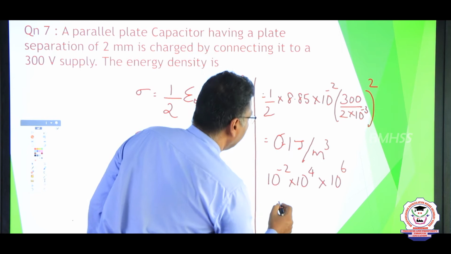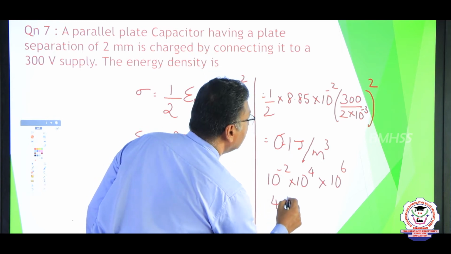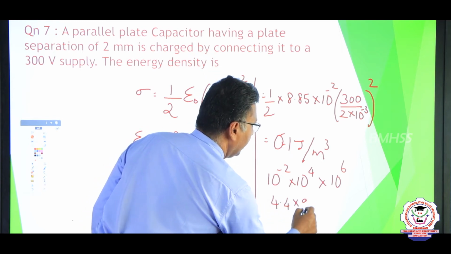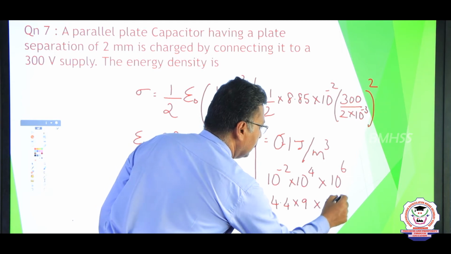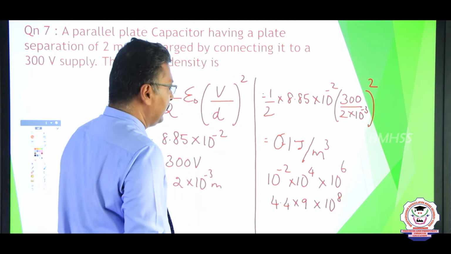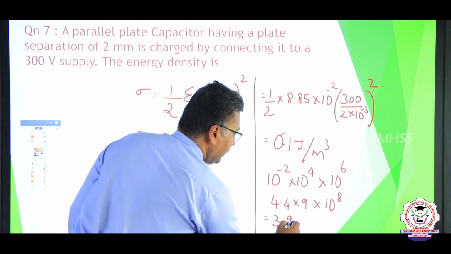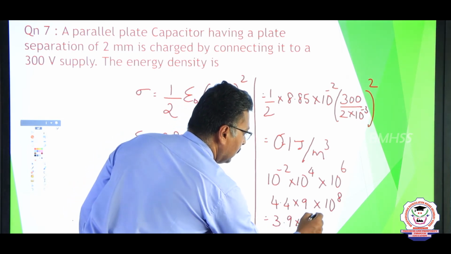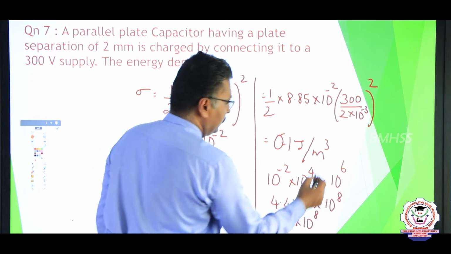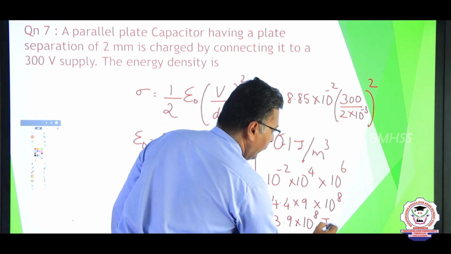So you get 4.4 into 9 into 10 to the power 8. So 3.6, 3.9 into 10 to the power 8. So this is in joule per meter cube.